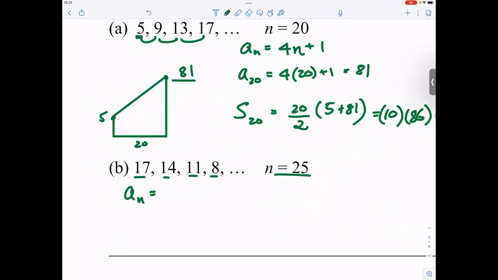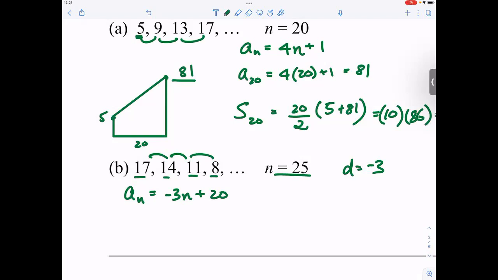We have A1 being 17, and every single time we go to the next term, we are subtracting 3. So the d is -3. So we have -3n plus what number? 20. Okay, with 20.